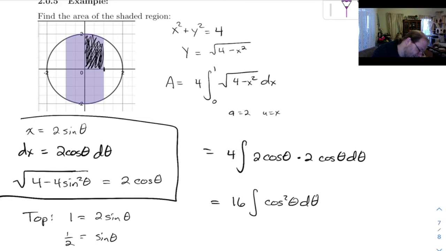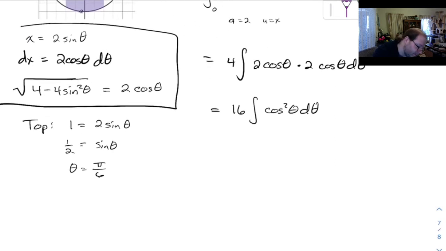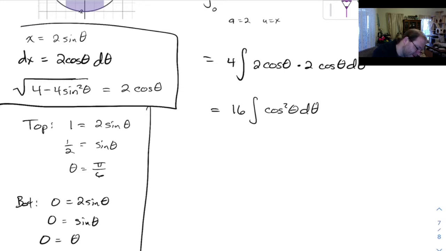And so theta is 30 degrees, but we have to put that in radians, so pi over 6. Then at the bottom, we got 0 equals 2 sine theta. So sine theta is 0. So theta is 0. All right, so our endpoints are 0 to pi over 6.